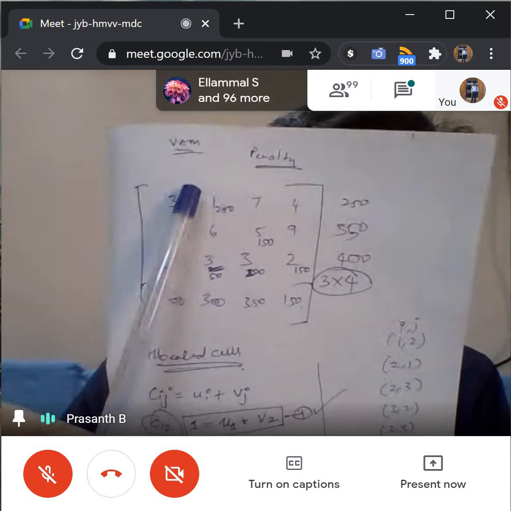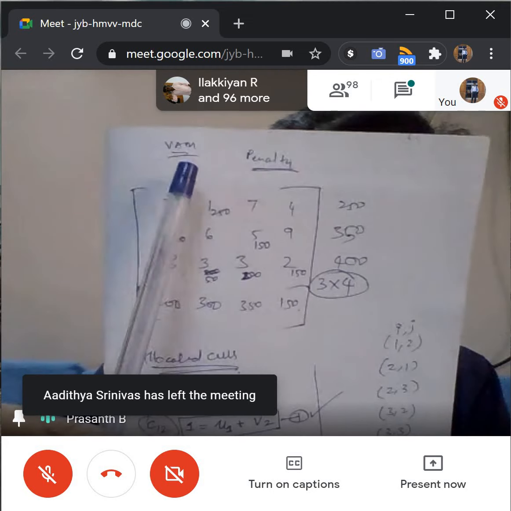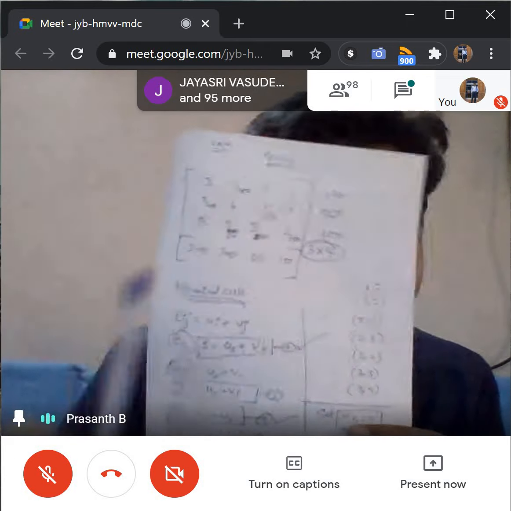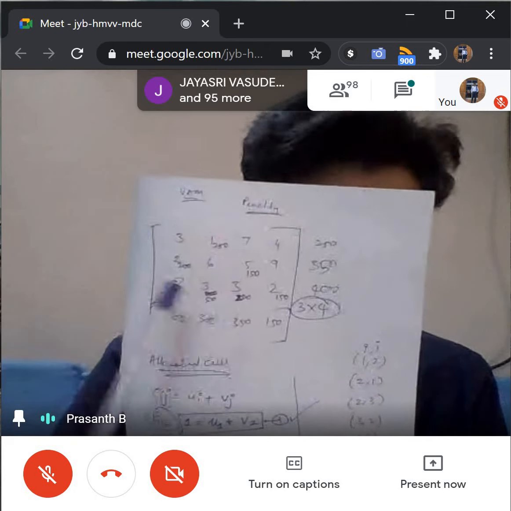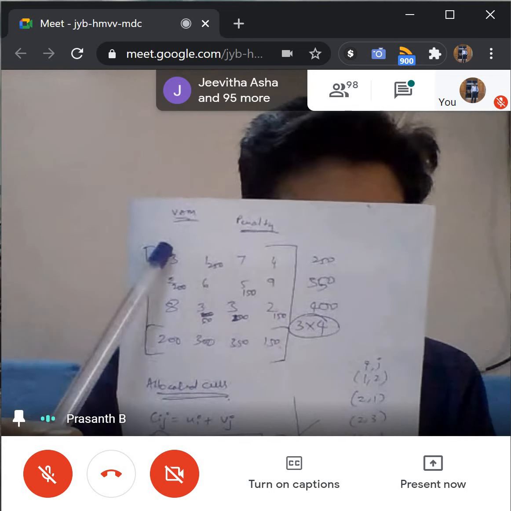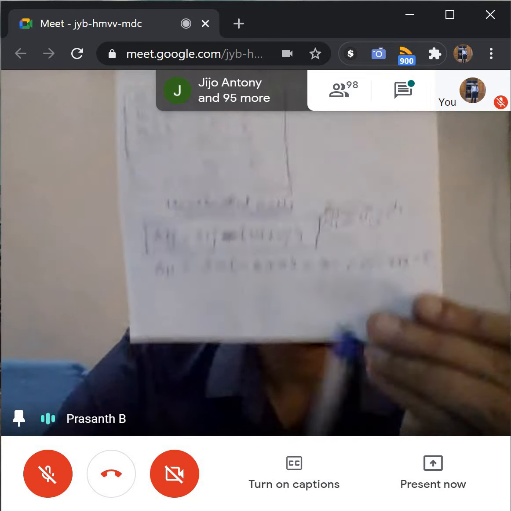Delta 11, correct. The first unallocated cell is where you have not made any allocation. So that is the first unallocated cell. So what you need to do is just to substitute that value here.